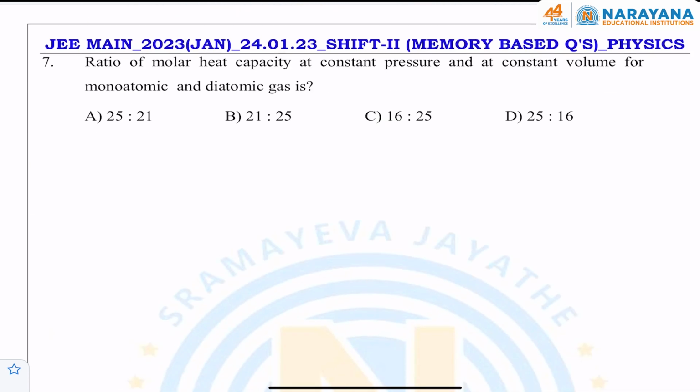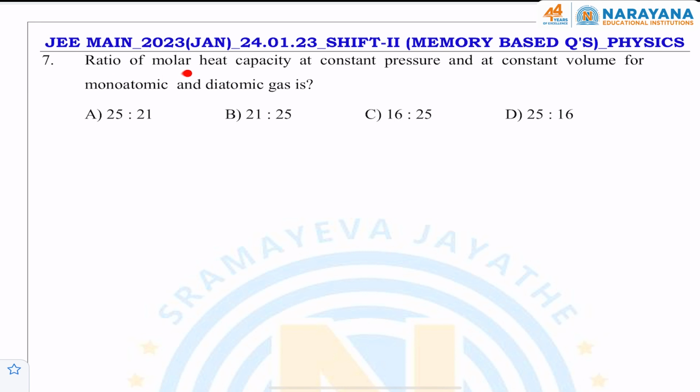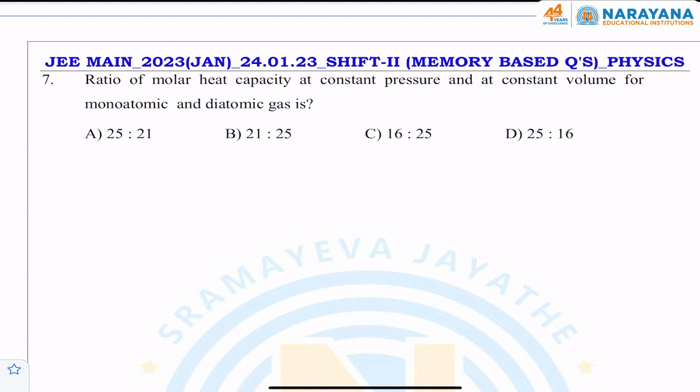Next question. Ratio of molar heat capacity at constant pressure and constant volume for monoatomic and diatomic. Here also there is no clarity in the question. It seems it is asking the ratio of specific heat capacities of monoatomic gas to that of diatomic gas.